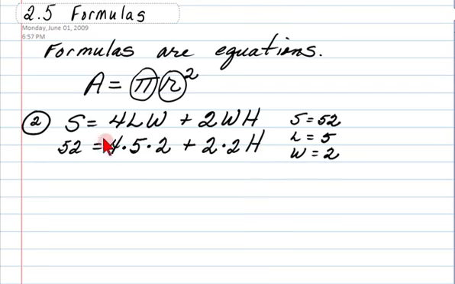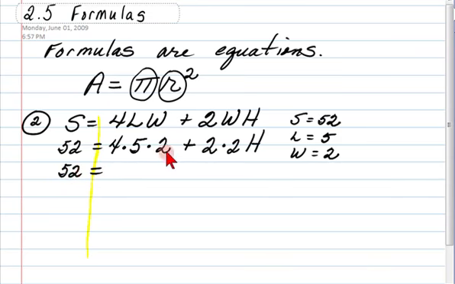So I can simplify or maybe just clean up a little bit in that. I'll keep my 52, and in the place of 4 times 5 times 2, if I multiply those together, that's 40, plus, and if I multiply 2 times 2, I have 4H. Is that okay? All right.